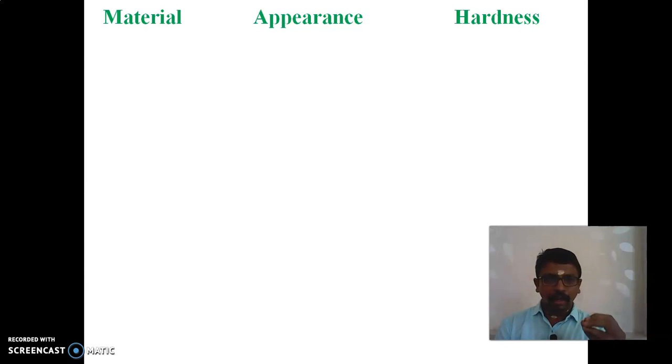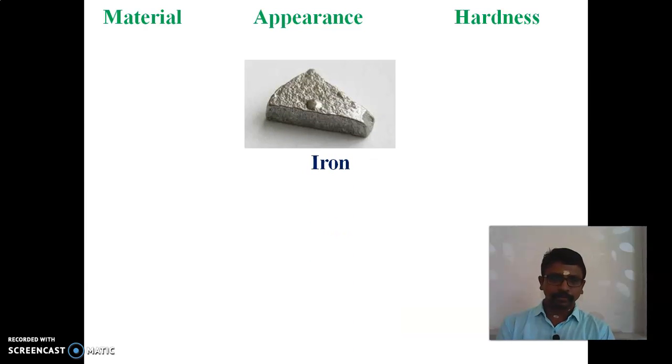And next is hardness. We have to tell whether the material is very hard or not very hard. The first material is iron. You can see the iron here. The appearance is dull or shiny, children?